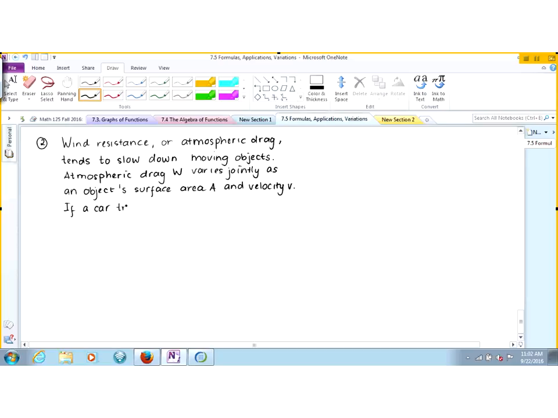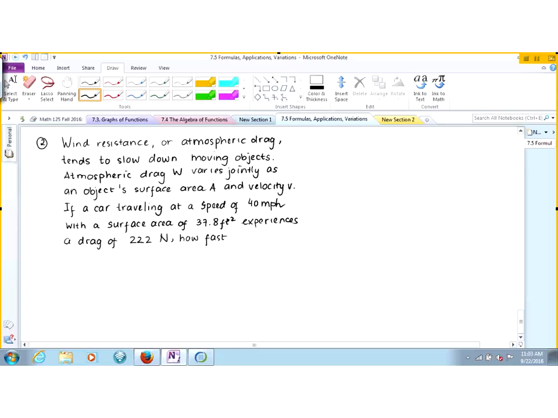So if a car traveling at a speed of 40 miles per hour, so I'm just going to put mph, with a surface area of 37.8 feet squared, experiences a drag of 222 newtons. So N is newtons.